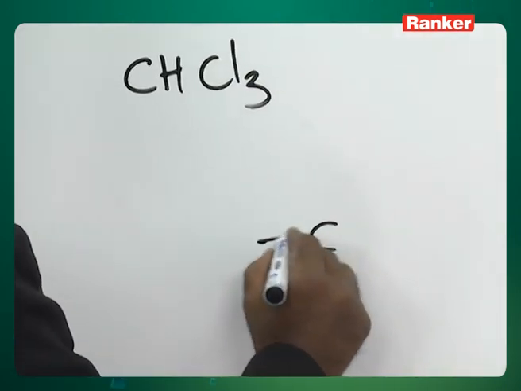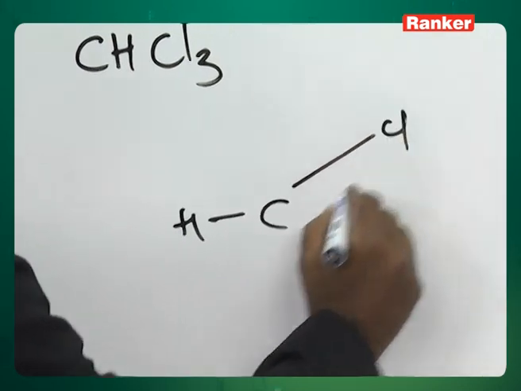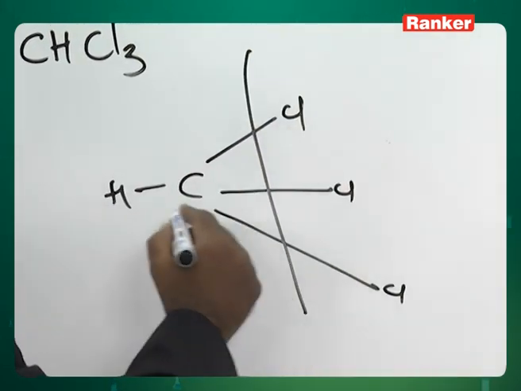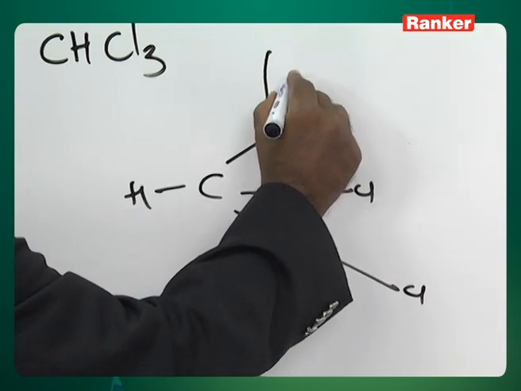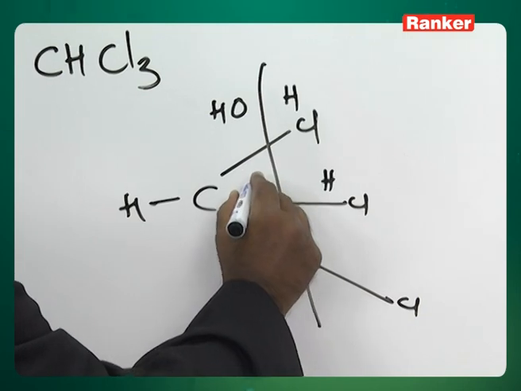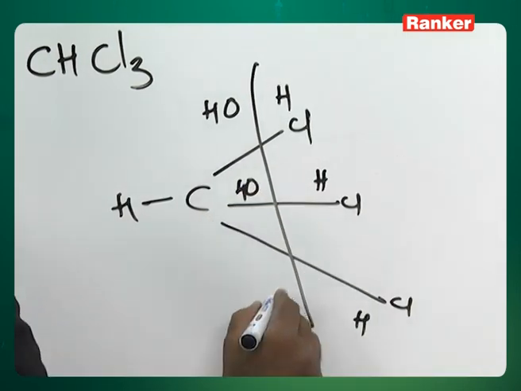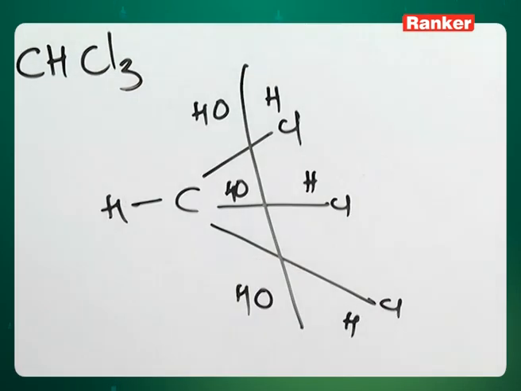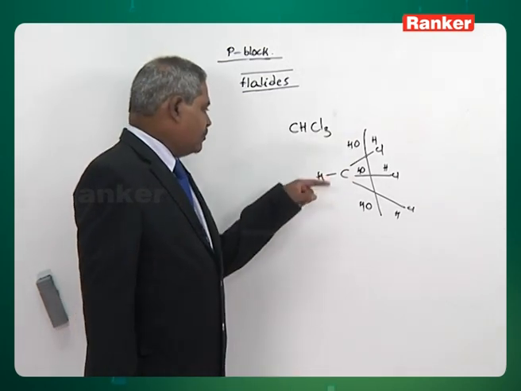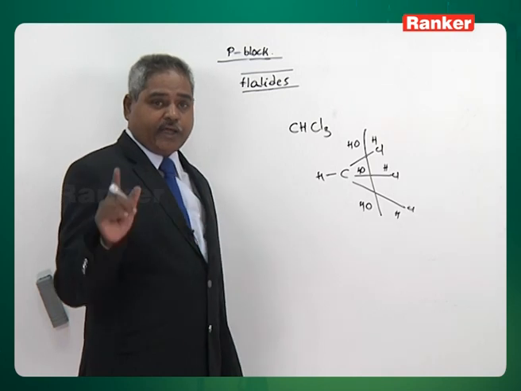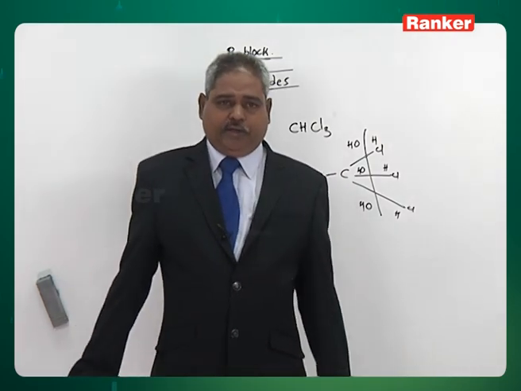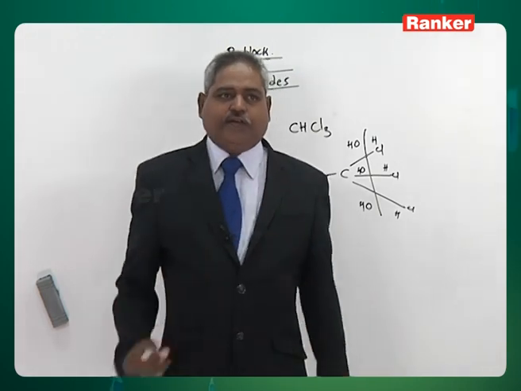Look here, CH, Cl, Cl, Cl, break the bond, H, OH, H, OH, H, OH. Be careful. I have broken 3 bonds. The 4th carbon hydrogen bond I am not breaking, because carbon hydrogen doesn't have much of a polarity. There isn't much electronegative difference.